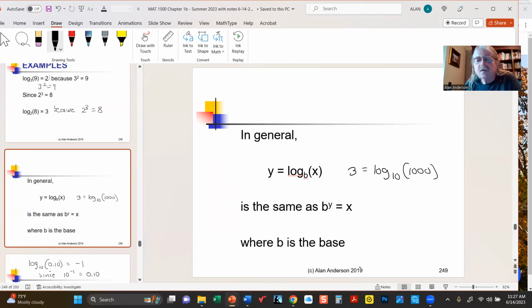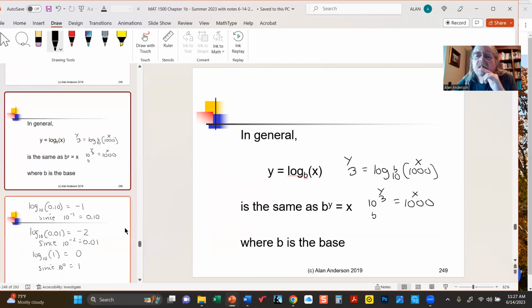This statement is equivalent to saying, okay, and that's because if this is y, this is b, and this is x: b to the y equals x, y equals log base b of x.